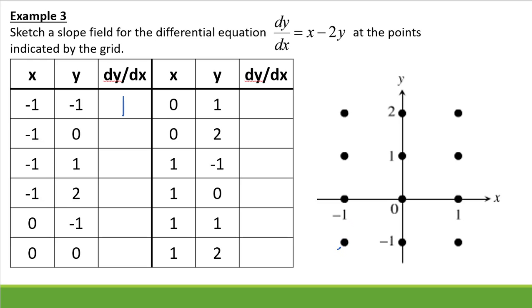So something like that. Then I have (-1, 0), with a slope of -1. This is a negative sloping line, about a 45-degree angle. At (-1, 1), we have -3, so a negative sloping line, but a little bit steeper.